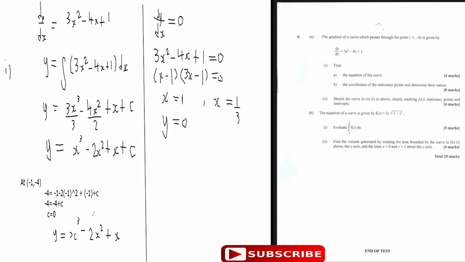And that's 4 over 27. So this is giving us y is 4 over 27. So those are the two stationary points. Let me just put it as a point. You have 1, 0, and you have 1 over 3, 4 over 27. That's another stationary point.